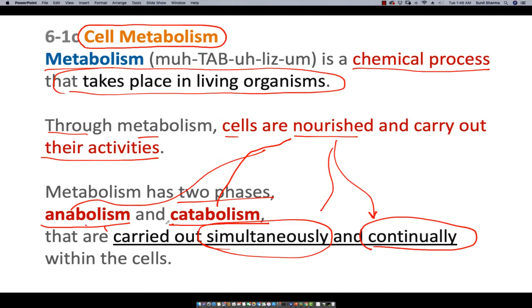So anabolism and catabolism happen at the same time, non-stop. Think about us: even though we're sleeping, we still continue to breathe. In the same way, cells will continue their metabolism process continuously.